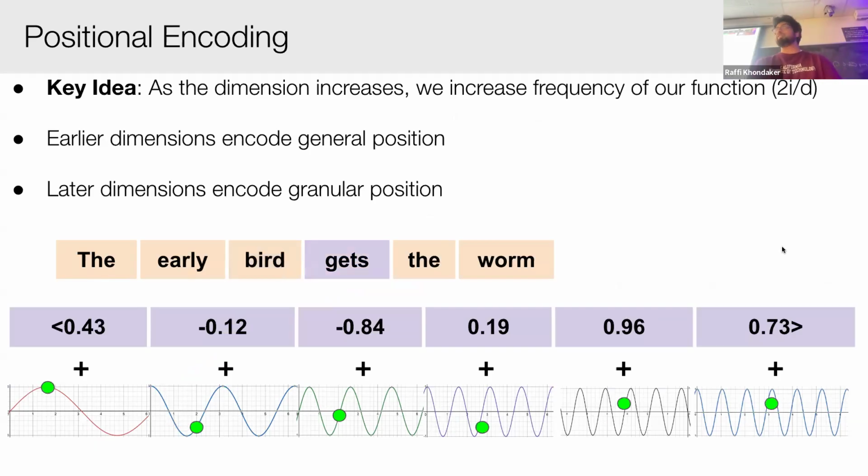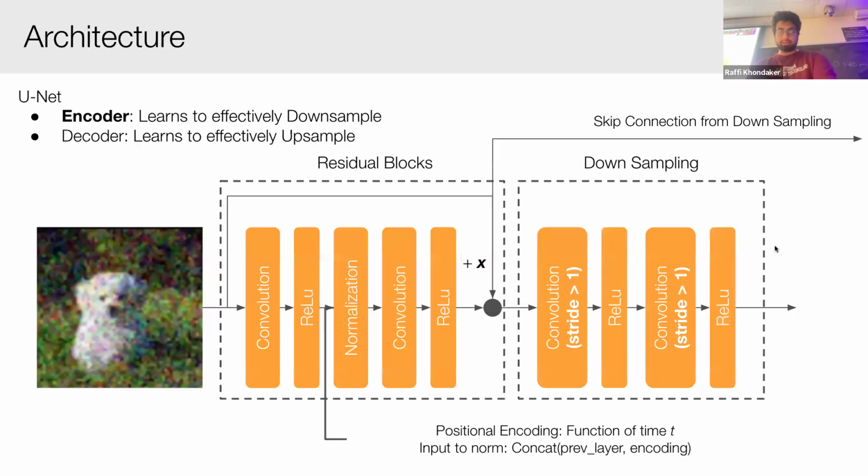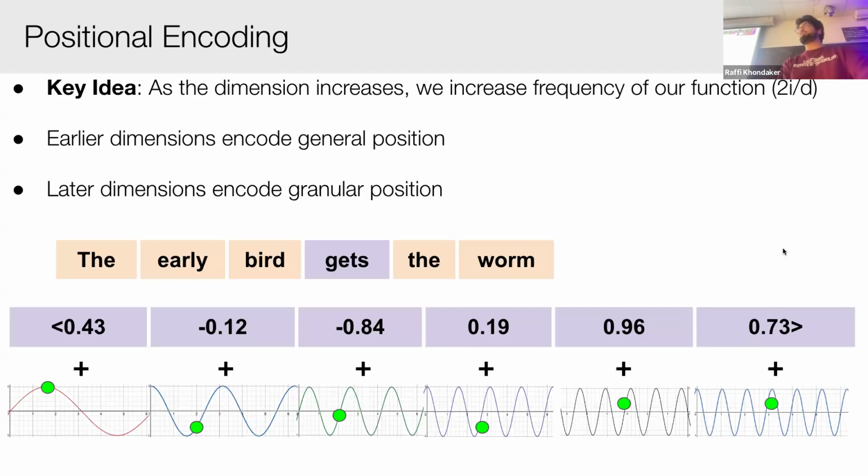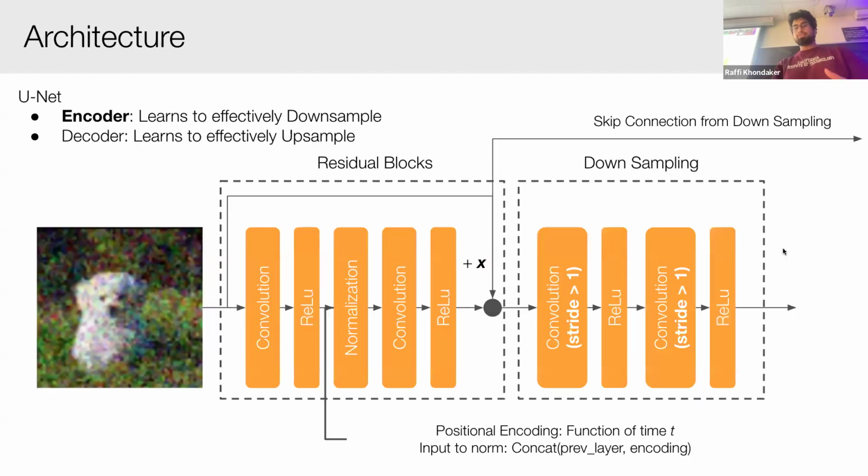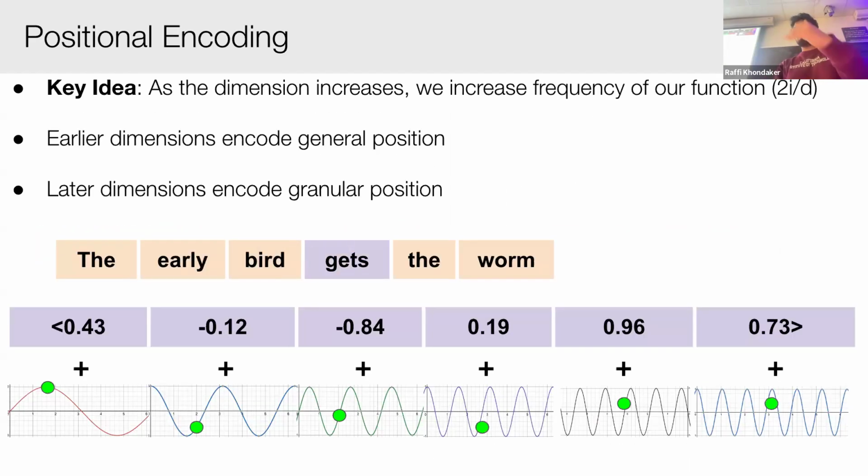But if you look at the encoding for the next word, the next position, the first three dimensions are very similar. Dimensions four and onward become more exaggerated. So the model could say, these two values diverge at dimension four, they're probably close together, whereas these two values diverge at dimension one, they're very far apart. Does that make sense?